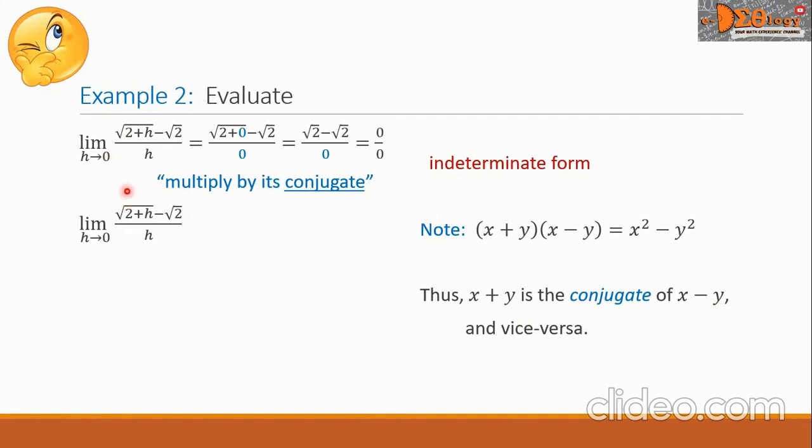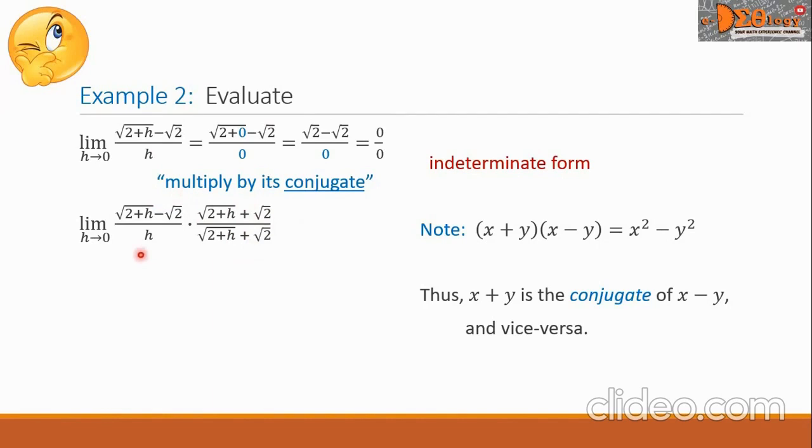We have the first term, the square root of 2 plus h, minus the square root of 2. So the conjugate of the numerator is the square root of 2 plus h plus the square root of 2. Take note that this is minus and the conjugate must be plus, and vice versa. The denominator here must be the same value as the numerator so that this fraction is equal to 1. And we know that multiplying any value by 1 will not change that original value.